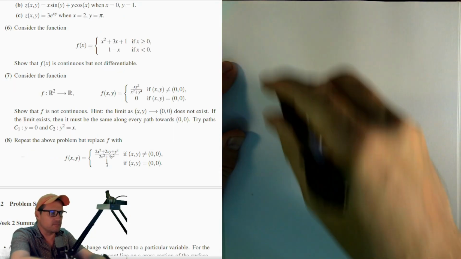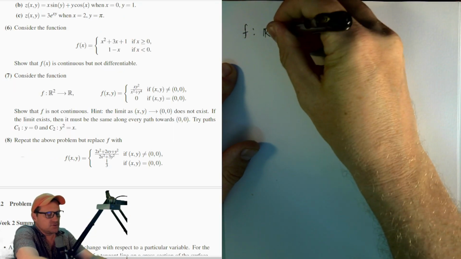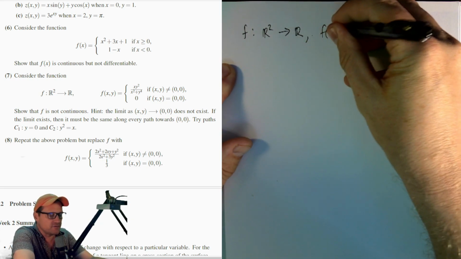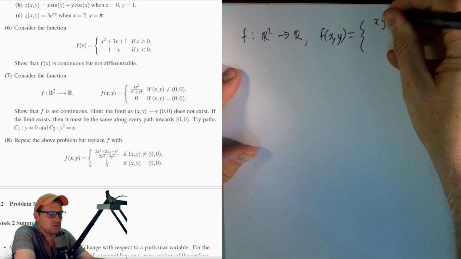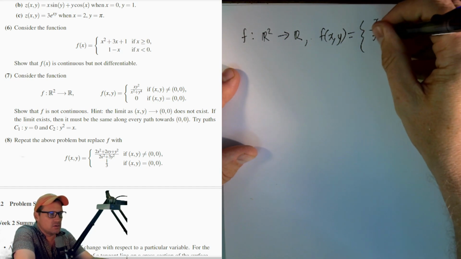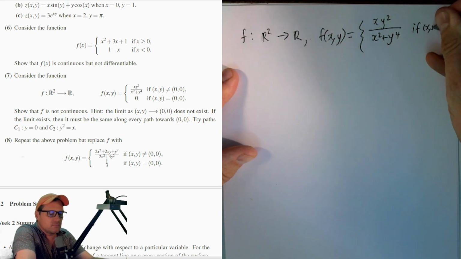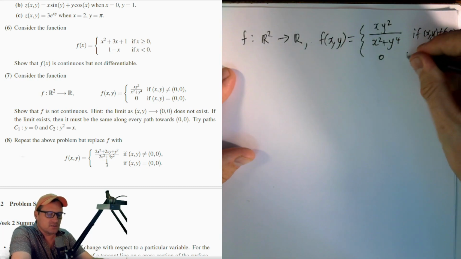Question 7. So we've got a function from 2 space to 1 space given by f of xy, a piecewise function. It's x y squared over x squared plus y to the 4th if x and y are not both 0, and it's 0 otherwise.